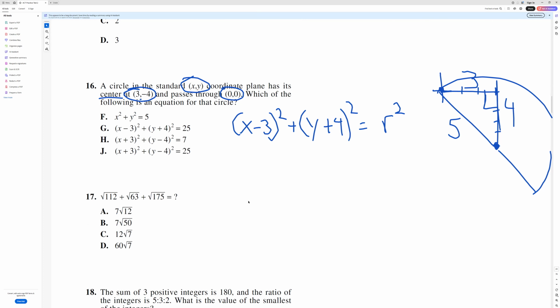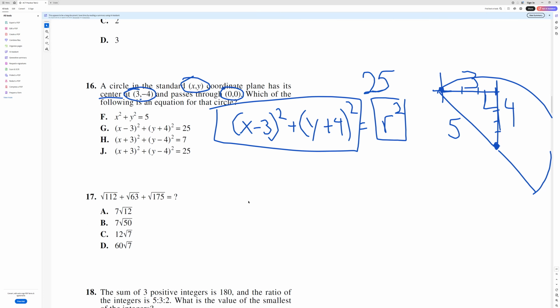So r squared is equal to 25. Let's make this equal to 25. And so that's G. All right.